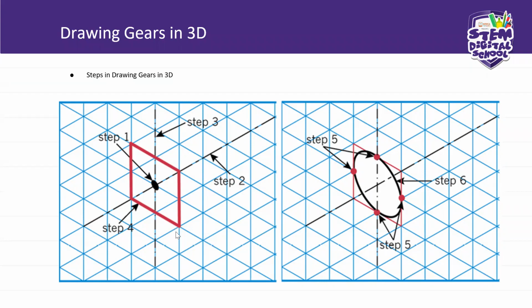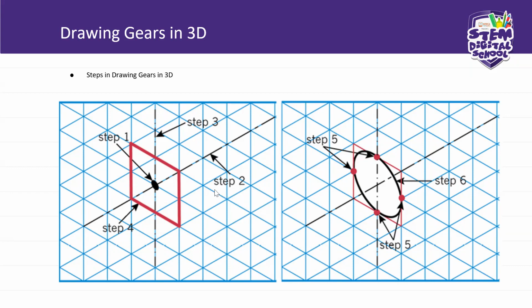Now, we are going to draw our gears step by step on this isometric grid. Remember, in a different video, I showed you how to make a round hole on an isometric drawing.